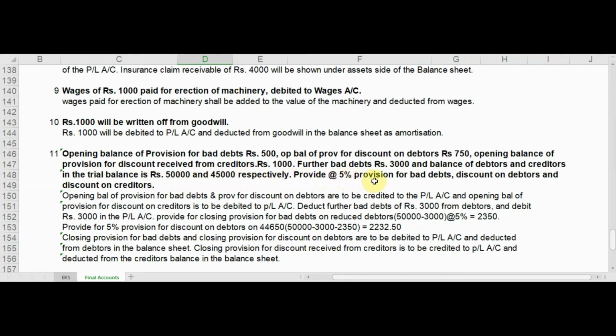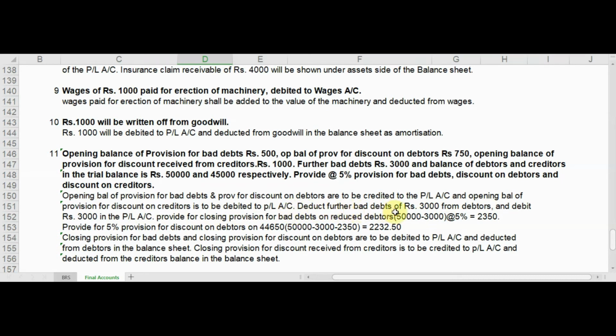Provide at the rate of 5% provision for bad debts, 5% as discount on debtors, and 5% as discount on creditors. Now, opening balance of the provision for bad debts and provision for discount on debtors are to be credited to the PL account because these have credit balance. And opening balance of provision for discount on creditors is to be debited to PL account because it has debit balance.